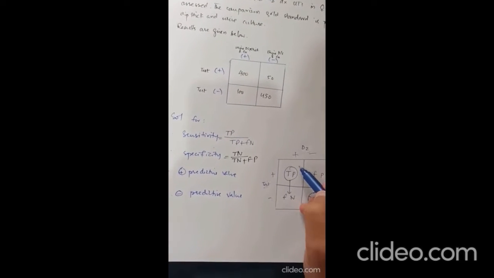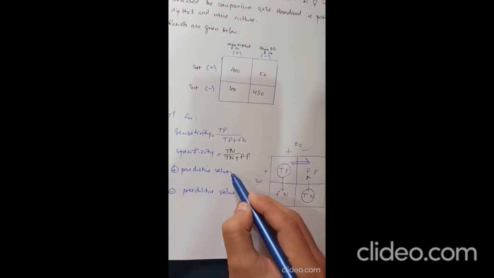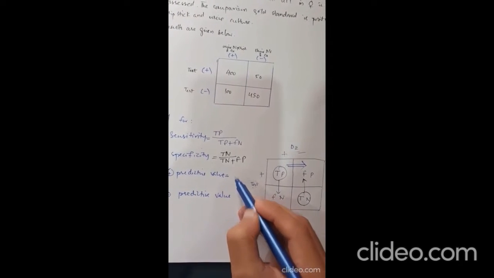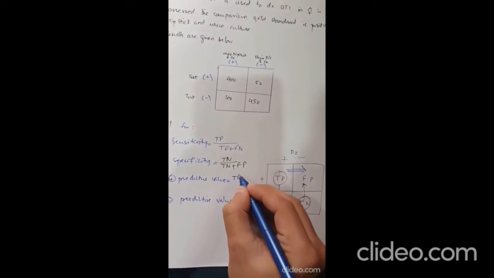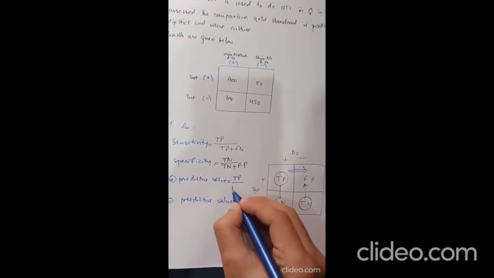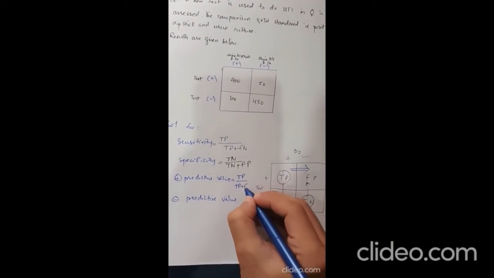Now to calculate the positive predictive value, you will go from here to here. In the calculation for positive predictive value, everything will be positive, either true positive or false positive. Truths will always be on the top, upon true positive plus false positive.